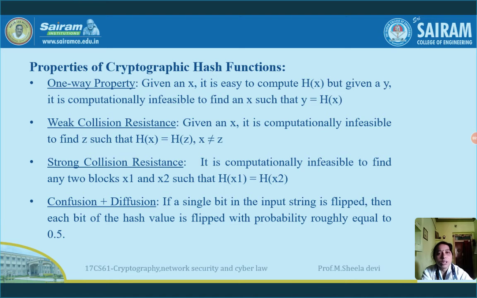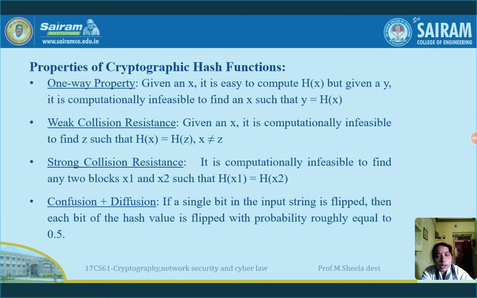But it is computationally infeasible to calculate x if we have y. So with the message, you can apply hash and calculate y, but with y it is not possible to get the value of x. That is what is said in the one-way property.